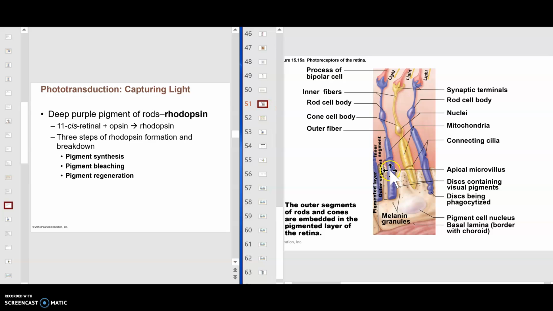So here they're disc independently, like stacks of coins in here with a coin wrapper around them. That's the cell membrane. The membrane of the disc is where the photoreceptors are. In the cones, you just have an enfolding of the cell membrane, but you still have your visual pigment within there. But we're only doing the rod. The cone is very similar as to how it does its bleaching and everything.